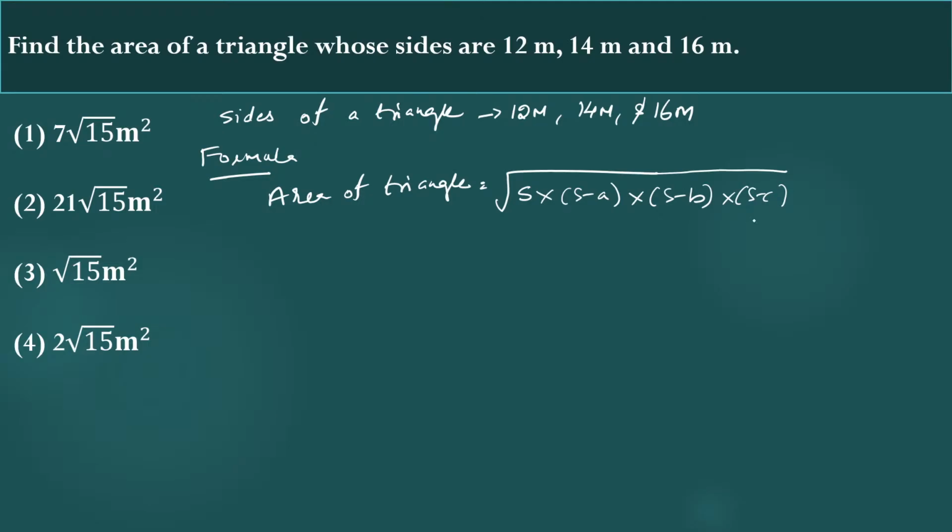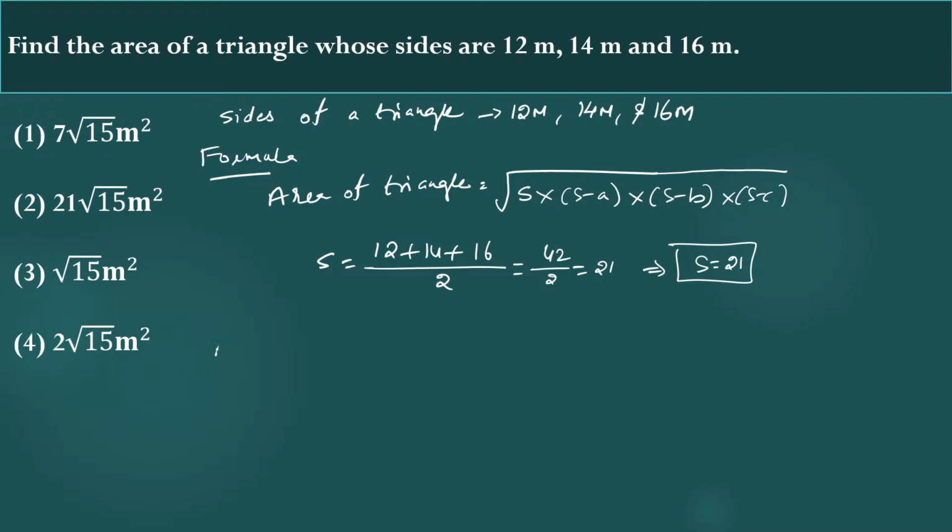So what is s? S is equal to perimeter by 2. So that is 12 plus 14 plus 16 by 2, we get 42. 42 by 2 we get 21. So s is equal to 21.